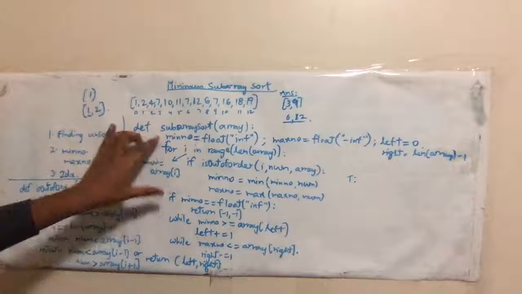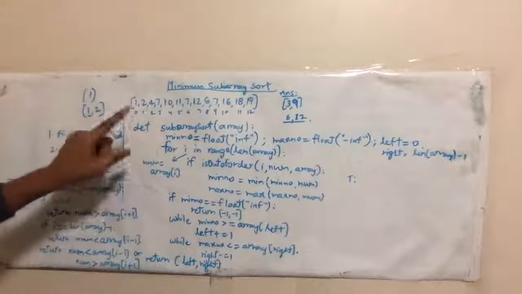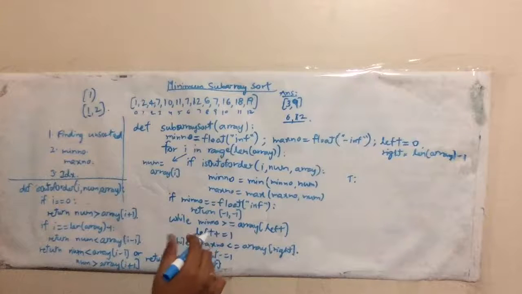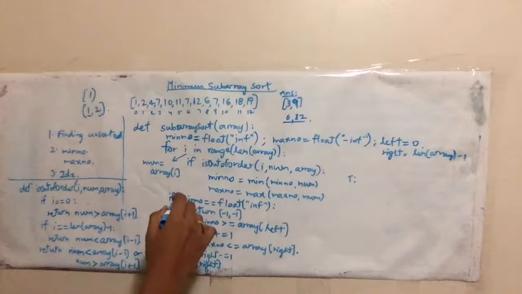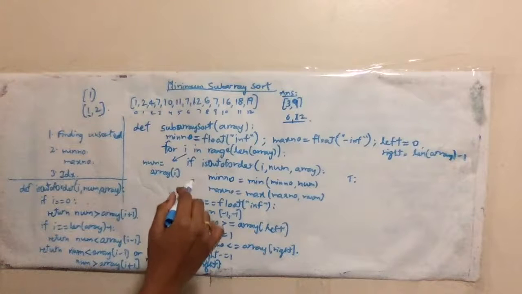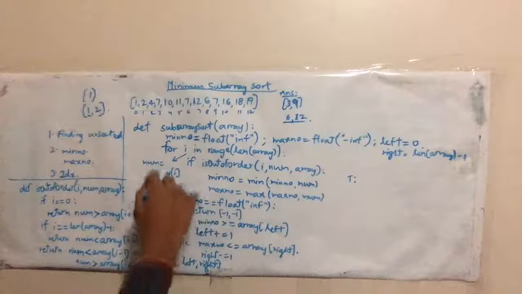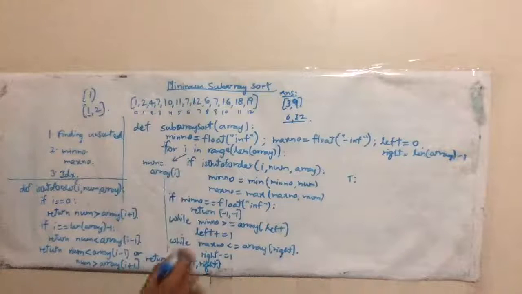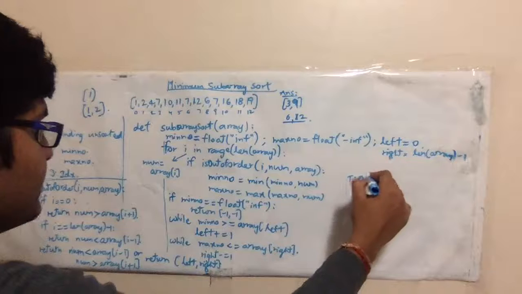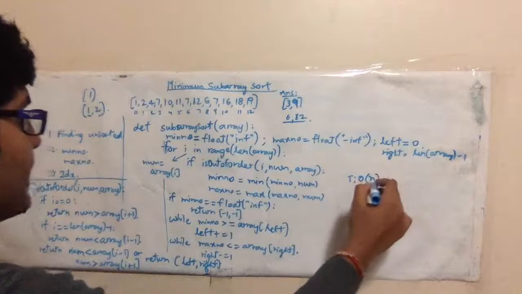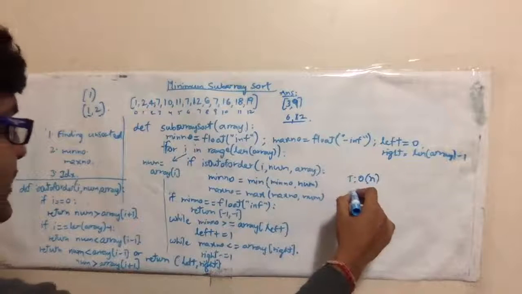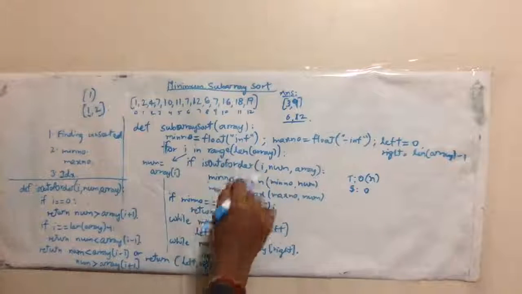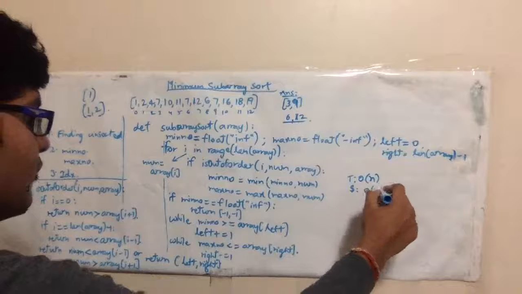This is the only part which we are iterating. So the time complexity will be big O of n, where n is the length of the input list, and space complexity is, we are not storing anything anywhere, just the variables. So big O of 1.